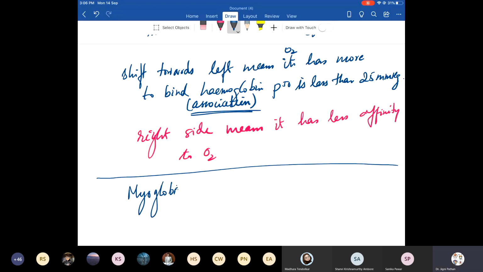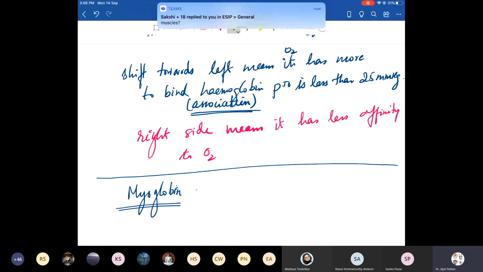Heard about myoglobin? Myoglobin is found in muscles, Sakshi. Very good. Muscles. Skeletal muscle.